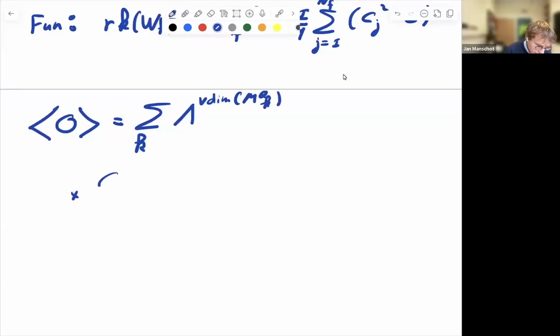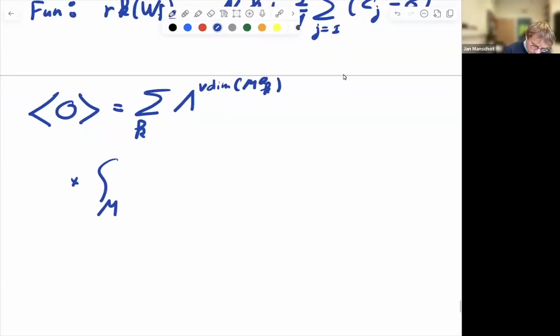And then this multiplies an integral over M_Q,K times an Euler number of a bundle W tilde K times the differential form omega O0.